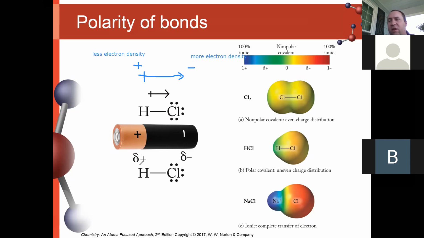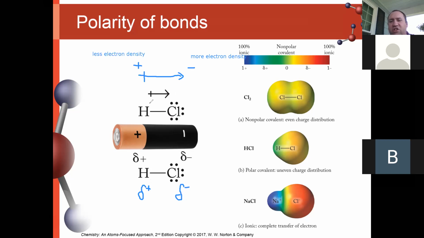These are the lowercase Greek letter delta. And instead of showing arrows to indicate positivity or negativity in a bond, we can use these lowercase deltas, delta positive, to indicate the area of less electron density, delta negative to indicate the area of greater electron density.